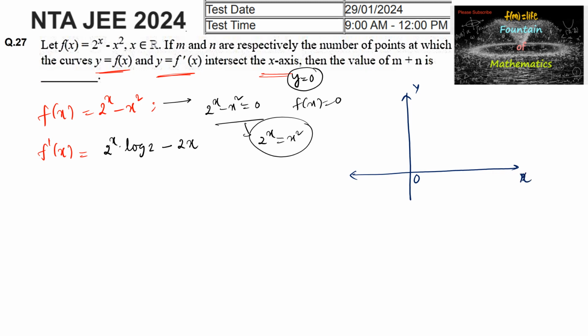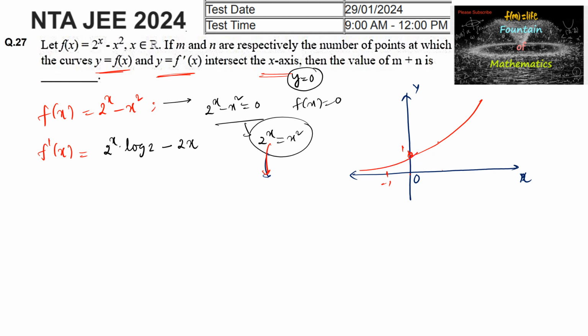Let us take the 2 power x graph. When x is equal to 0 it is 1, when x is equal to 1 it is 2, and when x is equal to 2 it is 4, so you will get the graph. Again, when x is equal to minus 1, it is 1 upon 2, that is 0.5, and the graph is coming down.